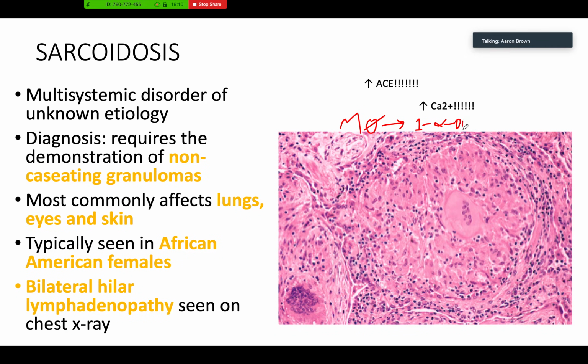Okay, macrophages, they all have it, and when they get together, they make a lot of it. Who cares? What is this 1-alpha hydroxylase important for? This particular enzyme should ring a bell for you because when you talk about calcium levels, we talk about one particular hormone playing a big role in calcium levels. What hormone is that? Or vitamin, I should say.